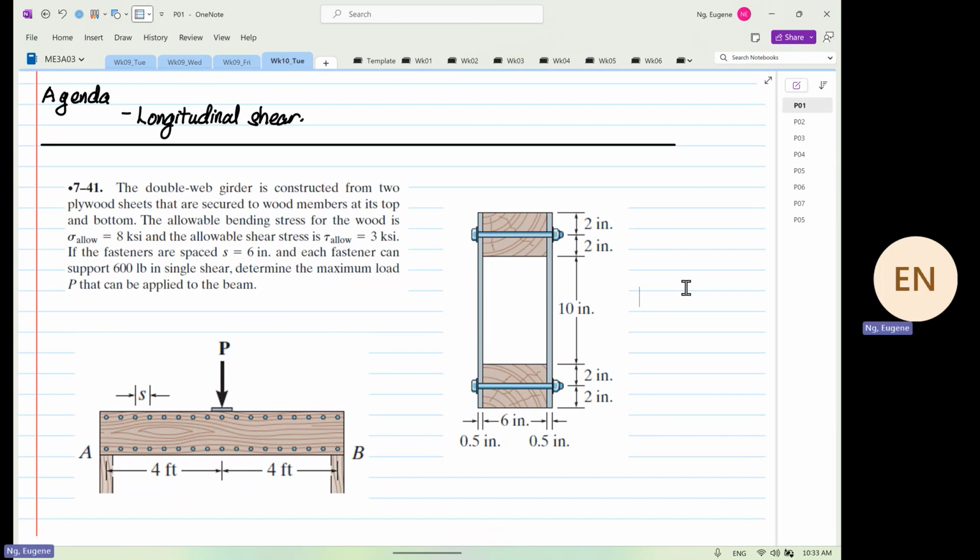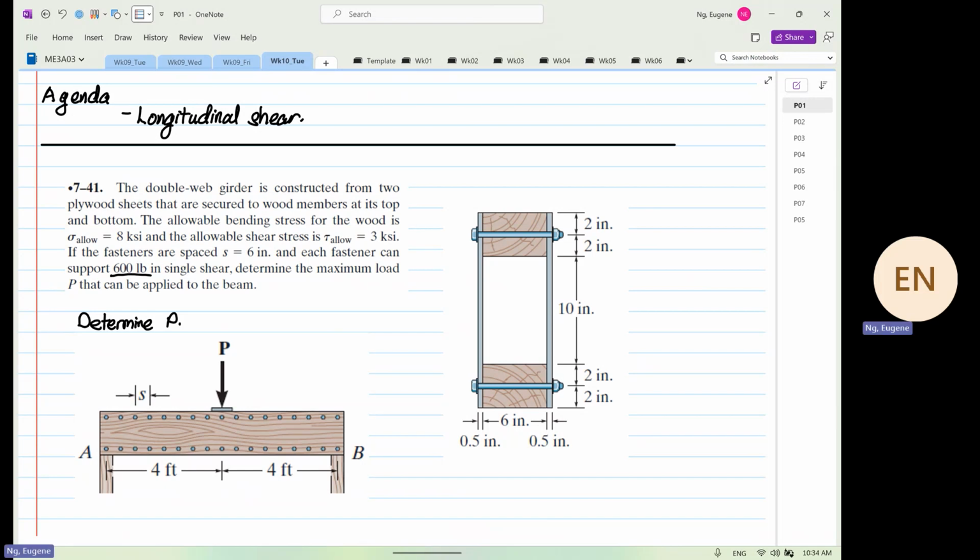If the fasteners are spaced 6 inches and each fastener can support 600 pounds in single shear, determine the maximum load P that can be applied to the beam. So what we are going to do is determine the value of P. Okay.